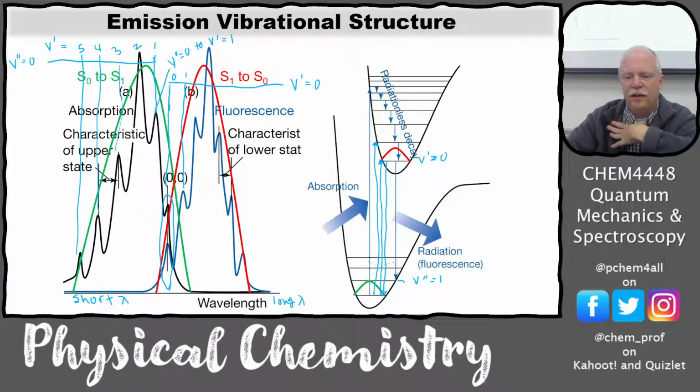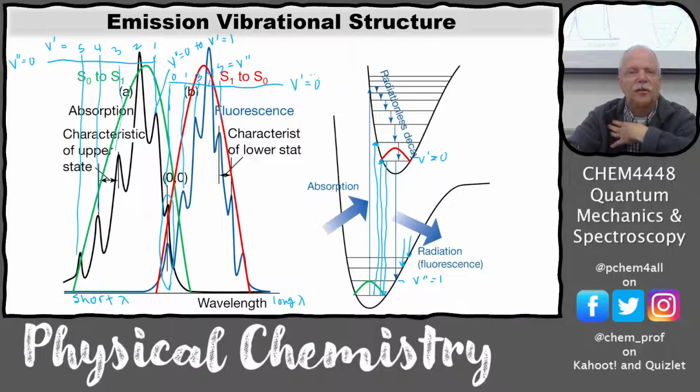And then if I go down to 2, that's going to be a shorter arrow, and 3, that's going to be a shorter arrow. So these all march out to the long wavelength side. So then this one would be 3, this one would be 4, this one would be 5. So V double prime is equal to these numbers.